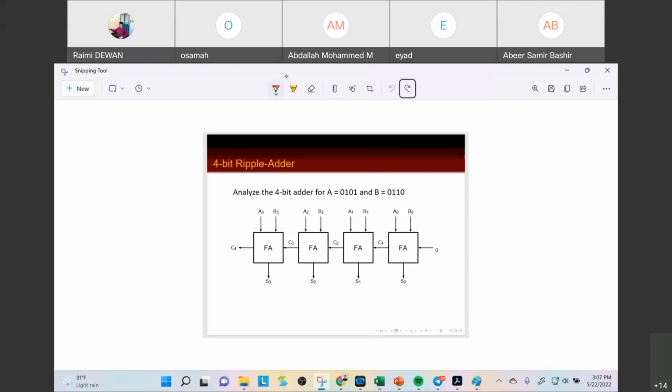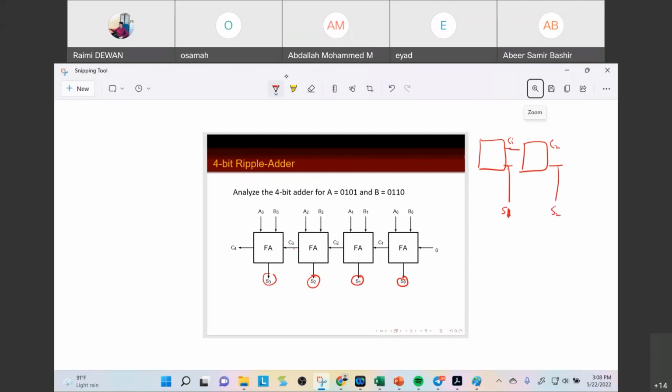So S is the output, and this is the carry. I think I made some mistake just now. For example, if we have a carry in, and you have the sums here, I didn't do it based on order, so this is S0, S1, and this one can be S2.